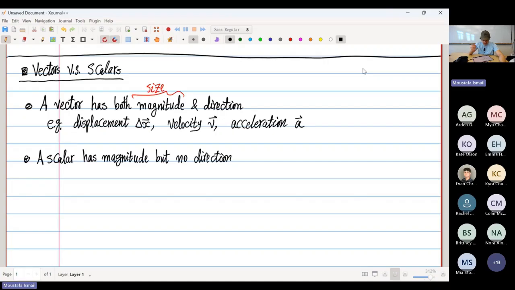So examples of scalars include distance, which sometimes we denote by the symbol d if it's the path length or the total distance traveled, or sometimes we denote it by the magnitude of the displacement, which looks like an absolute value of the vector, but it's really the magnitude of the vector, not just the absolute value, which will become important in 2-dimensional motion.